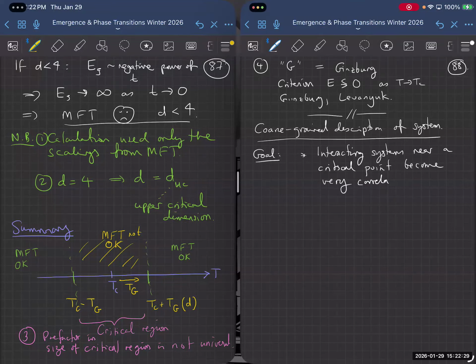And when I say become very correlated, that's really not very good English. What I mean is that they become very correlated over increasingly large length scales.